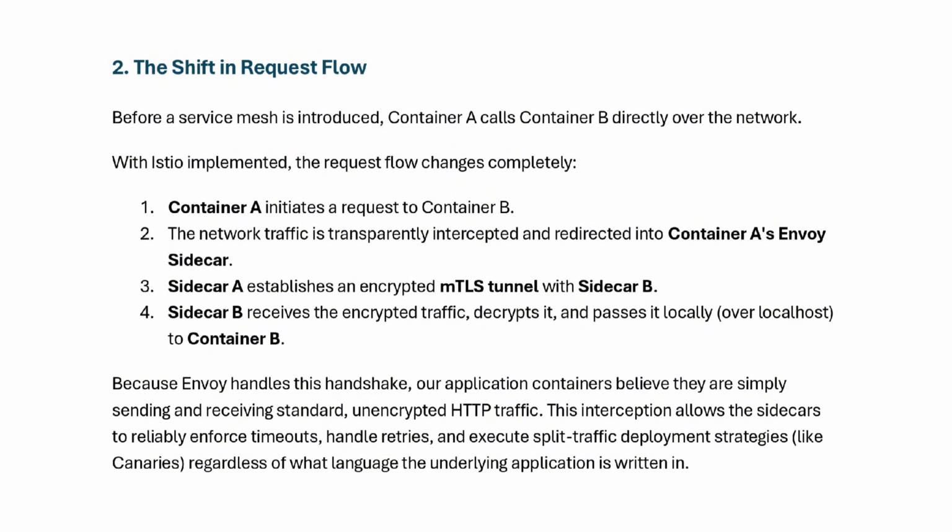to container B. So we must know that before Istio was introduced, our containers were directly communicating with each other, meaning container A calls container B directly over the network. But when Istio or the service mesh concept is introduced, that request flow changes completely, meaning now container A will not directly communicate with container B. When container A initiates a request to container B, the network traffic is transparently, or behind the scenes, intercepted and redirected into the container A sidecar container, which is Envoy.